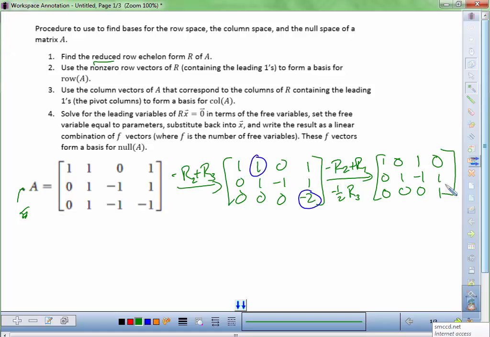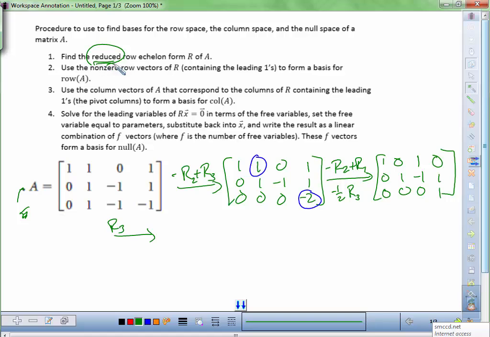Again, it could be done, but I'll take out this last bit over here. I'll just make this into a 0. So row 3 multiplied by -1 added to row 2. Because I want reduced row echelon form, I need to have 1s wherever I have a leading variable, and everything else above and below that should be 0.